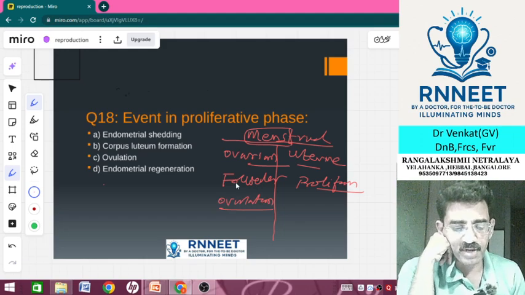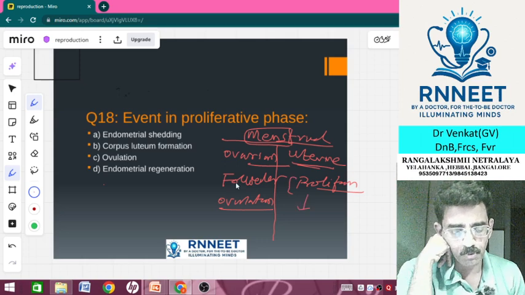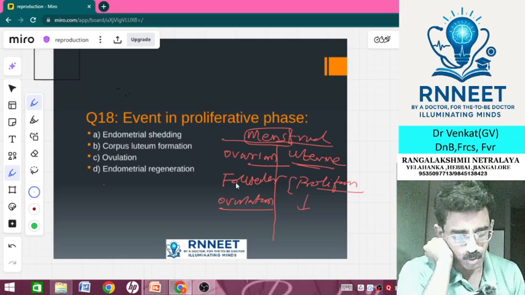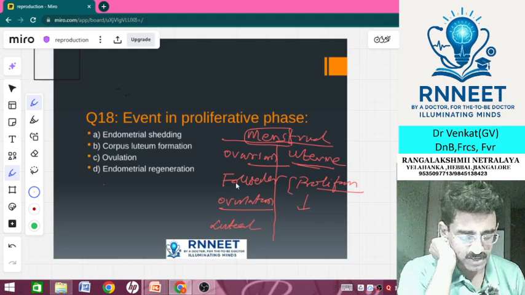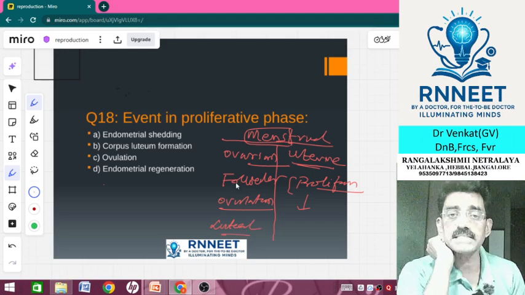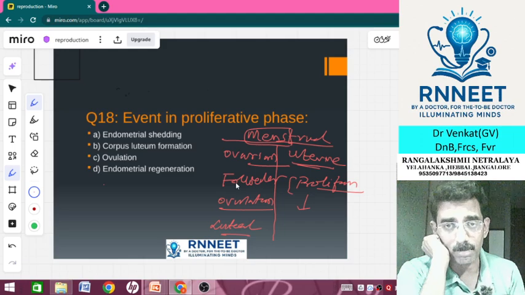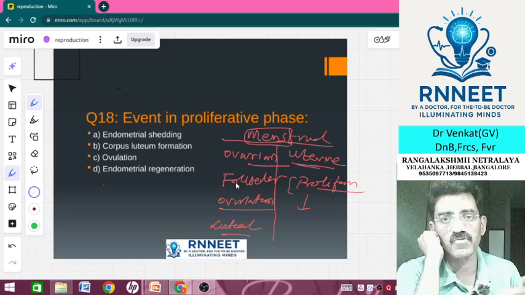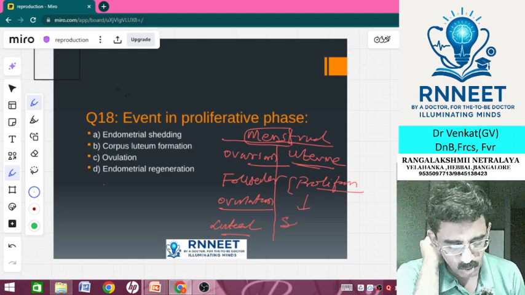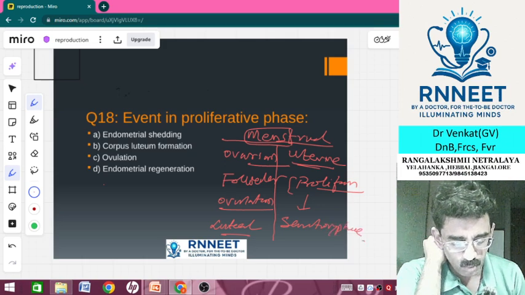At that time, is there any separate phase in the uterus? No. At that time also there is proliferation. Then the ovary becomes the corpus luteum, the luteal phase. At that time there is more secretion of the endometrium, more hormones are released, and there is secretion coming from the endometrial cells. So the secretory phase.